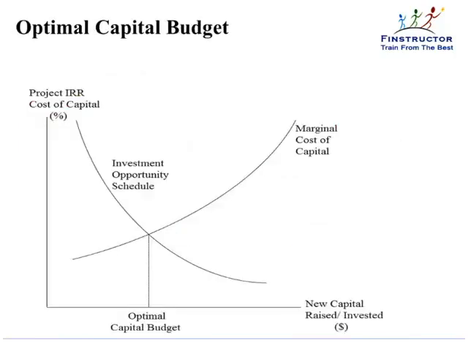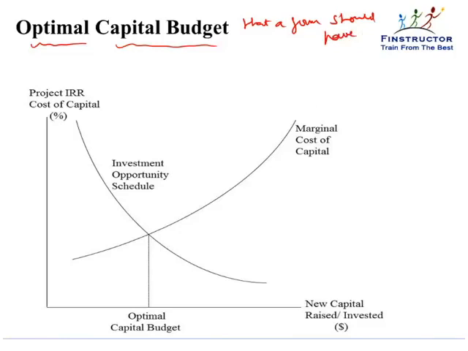Now, a very interesting graph that tries to explain what is the optimal capital budget that a firm should have. That is, what is the maximum amount of capital that we should raise and invest?